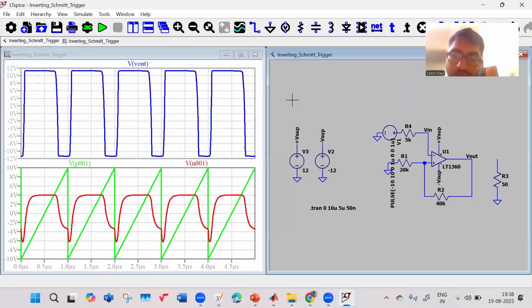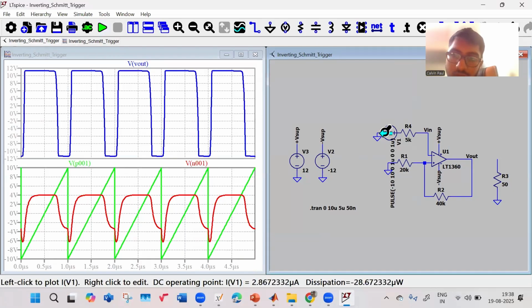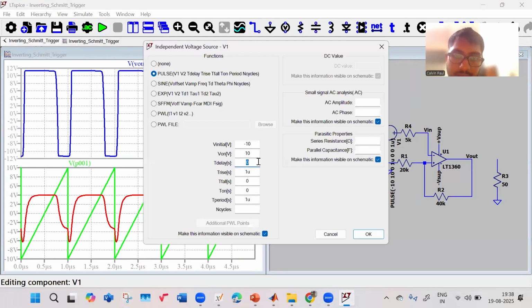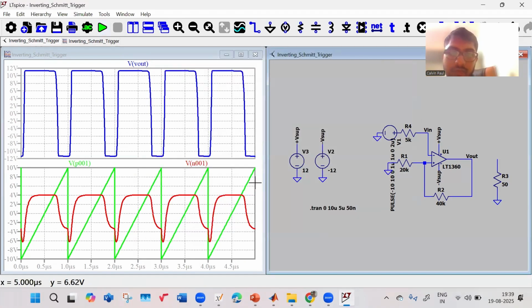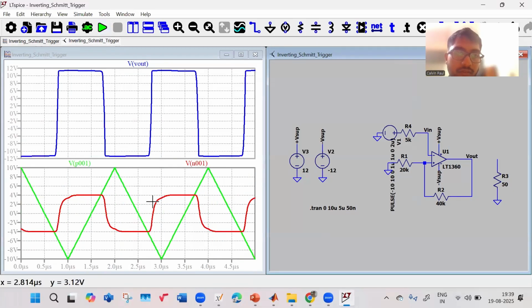This is a square wave. So this is the case.